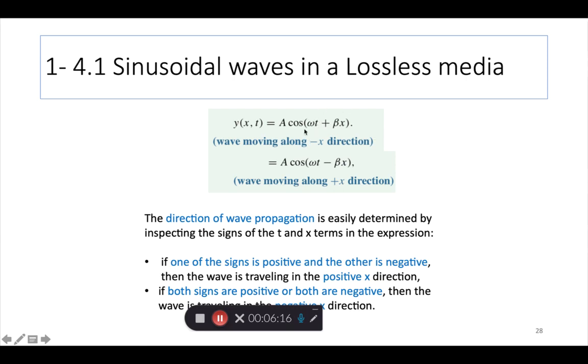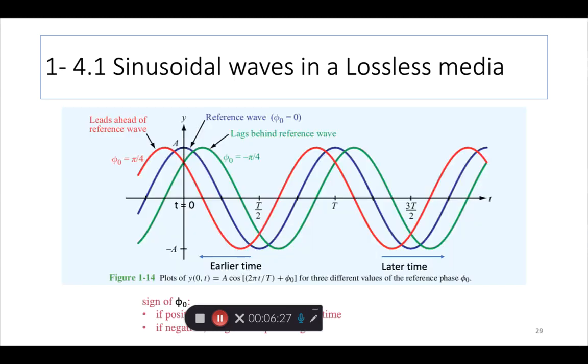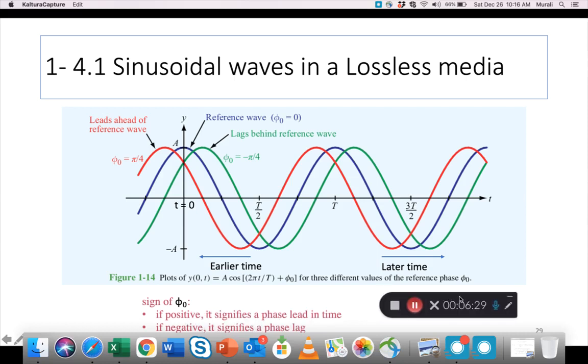If both omega and beta have positive signs, then we say the wave moves along the negative direction. Okay, so that's something to remember. It might appear as a question later on.